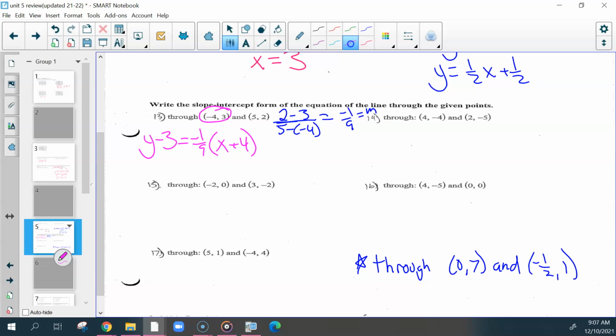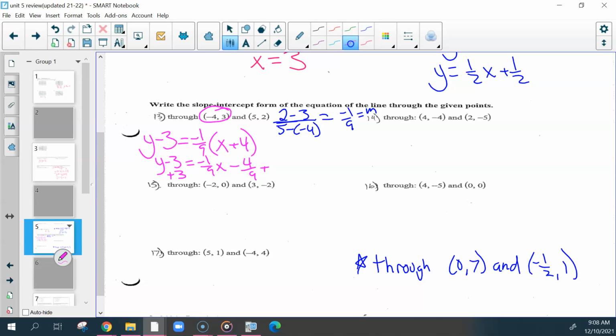We will need to distribute, so y minus 3 equals negative 1/9 x minus, multiply the negative 1 and 4, leaves a 9. This would be negative 4/9. We would then need to add 3 to that. You can either put that in your calculator or change that to a fraction.